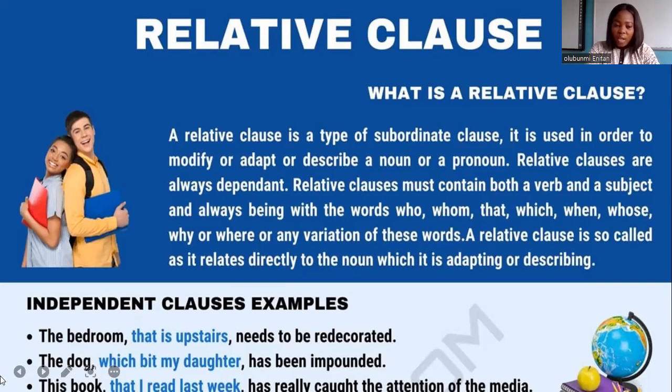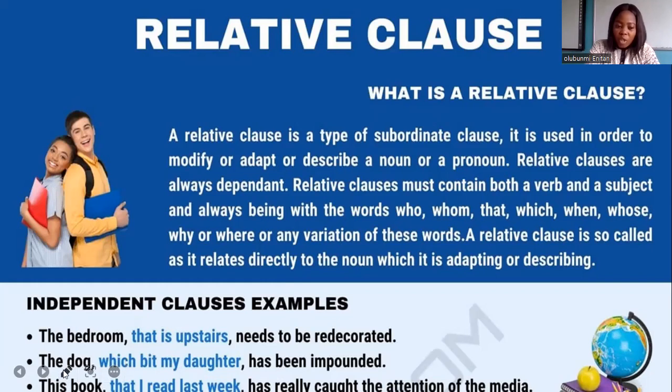Let's look at the second one. The dog which beat my daughter has been impounded. This is a relative clause, the one in blue, and it is describing the dog. It's doing the job of an adjective.